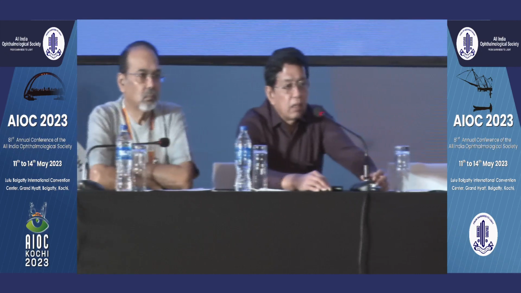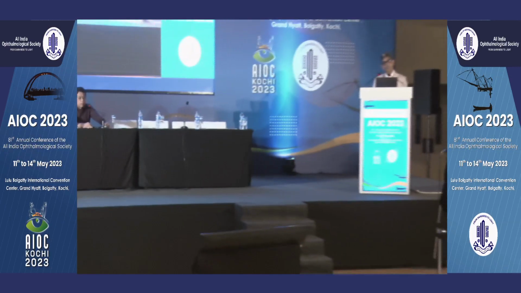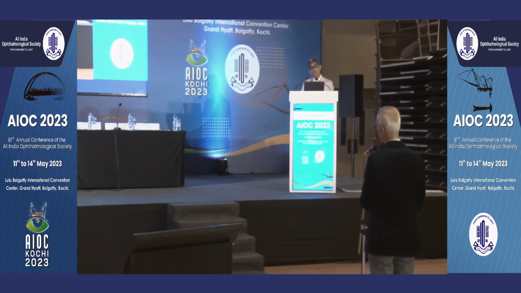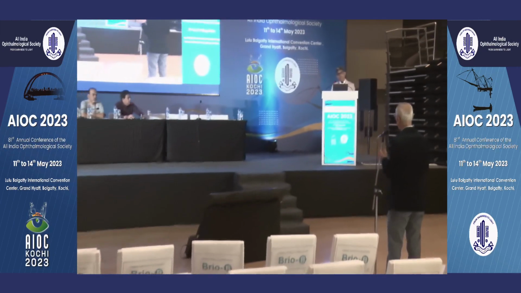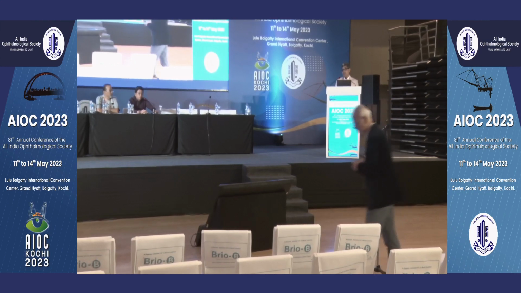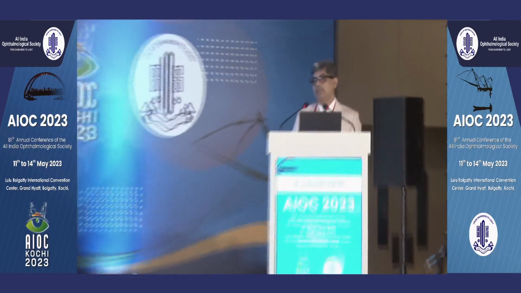I just wanted to know, since you have been doing ICL for a long, long time, have you in your patients observed that over time the vault has decreased? I have not documented personally, but we have patients from 13 years ago.